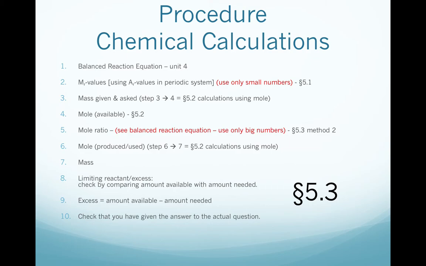We calculate the moles. We use the mole ratio 1 to 2. We calculate then the moles needed of the calcium carbonate. That means that if we have 6 hydrochloric acids, we'll need 3 calcium carbonates. And then we go and calculate the excess. 6 minus 3 equals 3.